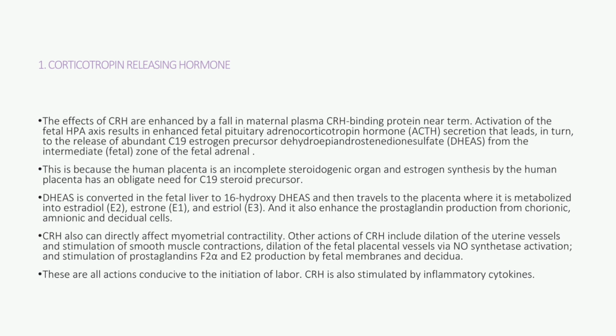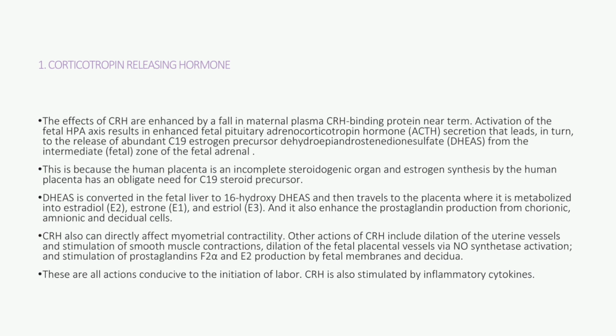Activation of the fetal HPA axis results in enhanced fetal pituitary adrenocorticotrophin hormone ACTH secretion that leads to the release of abundant C19 estrogen precursor dehydroepiandrosterone sulfate, DHEAS, from the intermediate zone of the fetal adrenal.